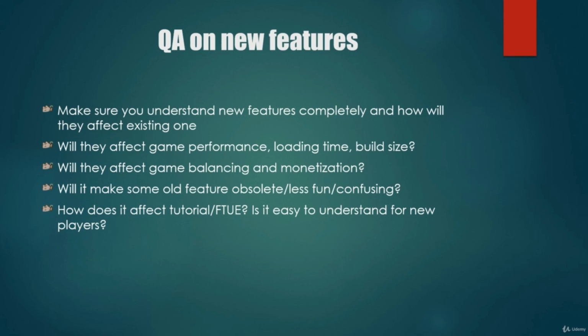This is particularly important if your game is live for a really long time. If you have a game which is live for 5, 6 years or more, and it becomes quite complex, it's really important to understand that if you're adding something new, especially if it's not added at the end of the game, but added somewhere in the middle or in the beginning, it's going to impact lots of older features.